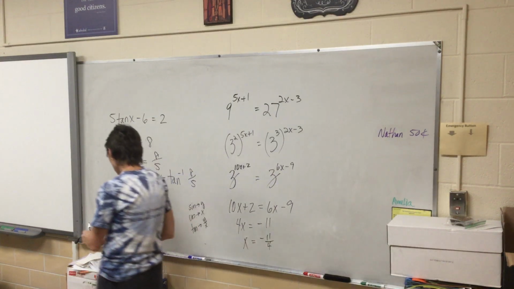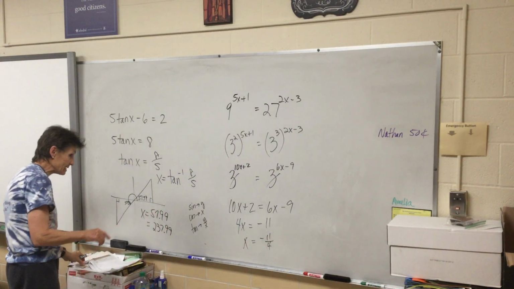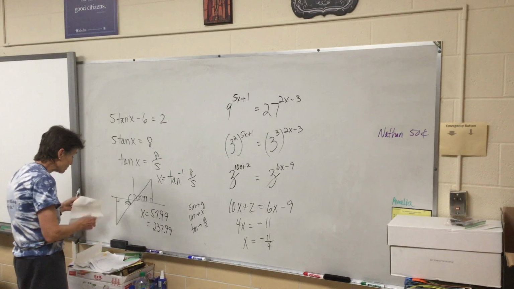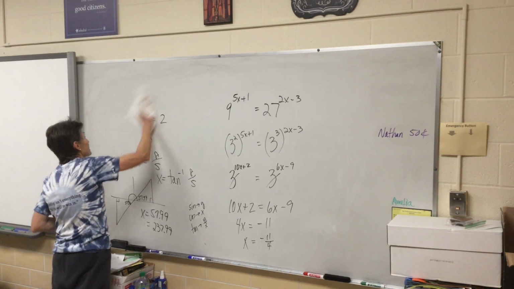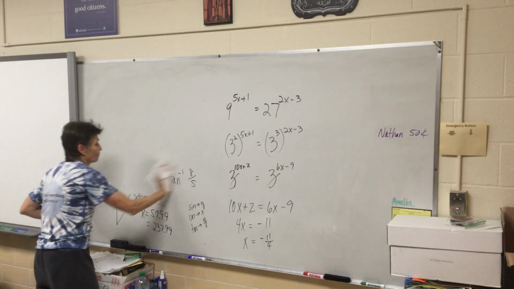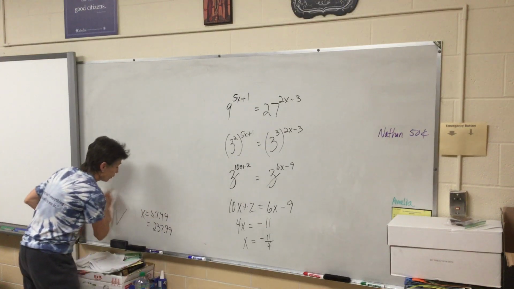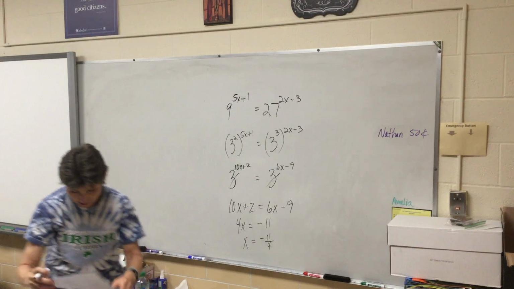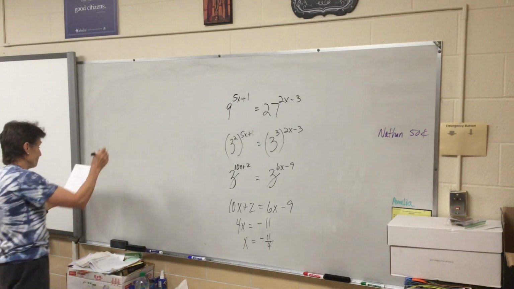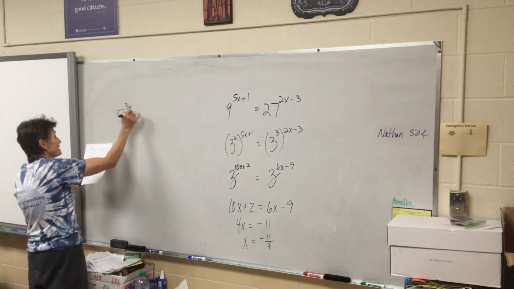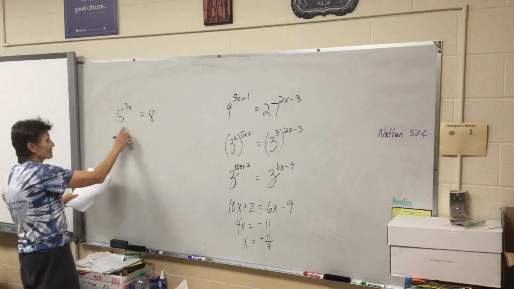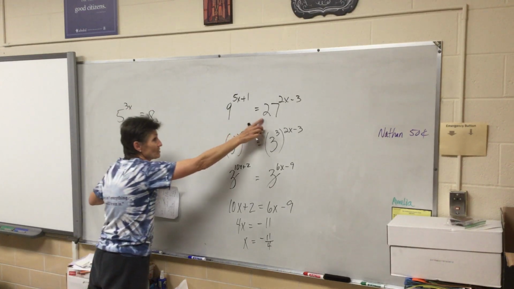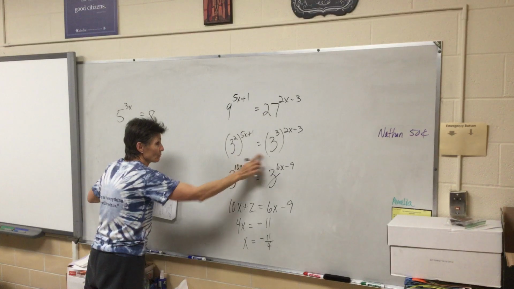That is very different, very easy, compared to the next one, which is a calculator problem, because 5 and 8 do not have a common base, like 9 and 27 were both powers of 3.